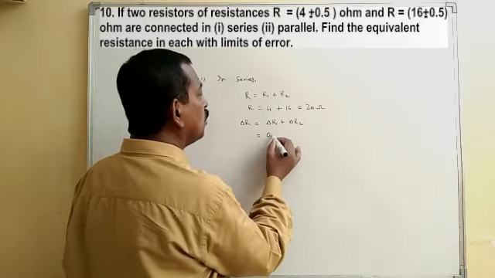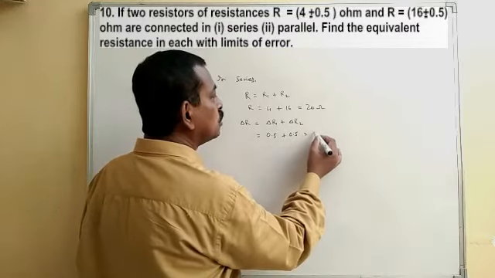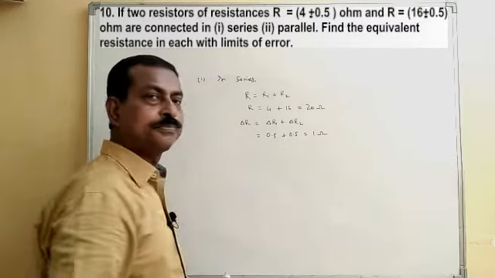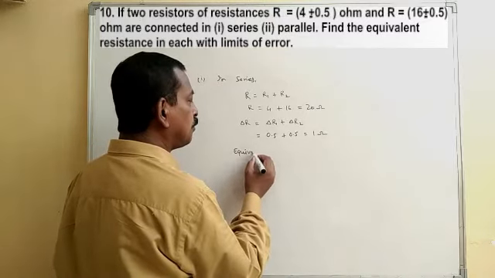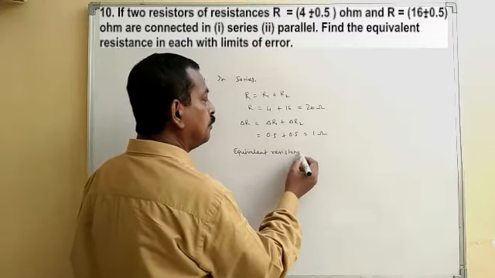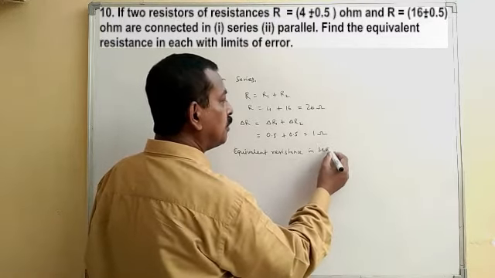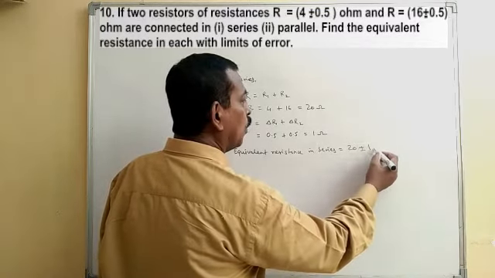So this is 0.5, delta R2 is also 0.5, so it is 1 ohm. So the equivalent resistance in series is 20 plus minus 1 ohm.